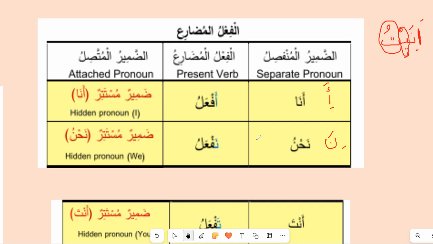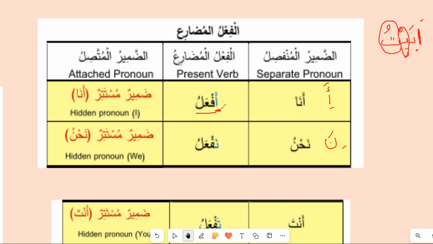Whenever you see a present tense, for example the present tense here, afalu, you see the alif marked in blue is the harf of anaitu. Most of the students make a mistake here. They understand that this alif is the damir. No, it is not the damir. It is just a letter that represents a fail mudare.